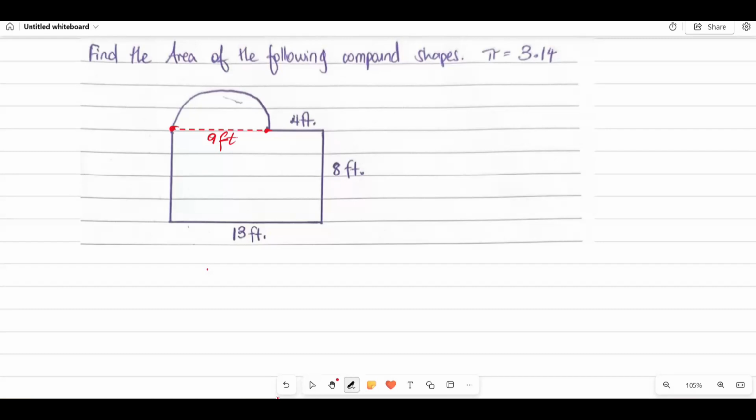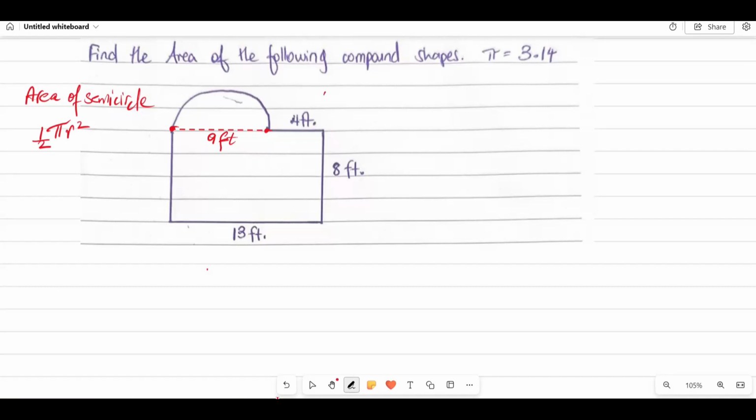So the area of the semicircle, I'm going to do that to the left. Remember, the area of the semicircle comes from the area of a circle, which is pi r squared. But because it's a semicircle, I'm going to take a half of it. So basically, I need r.